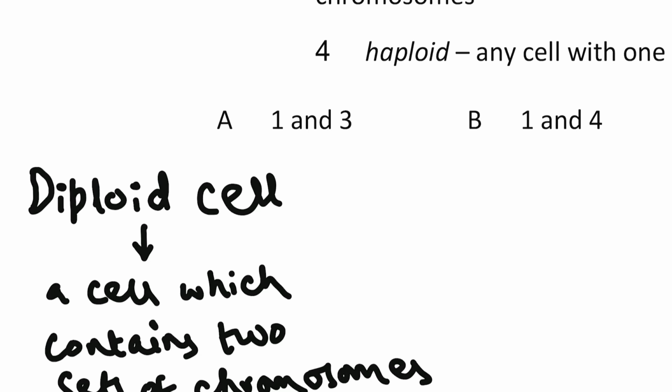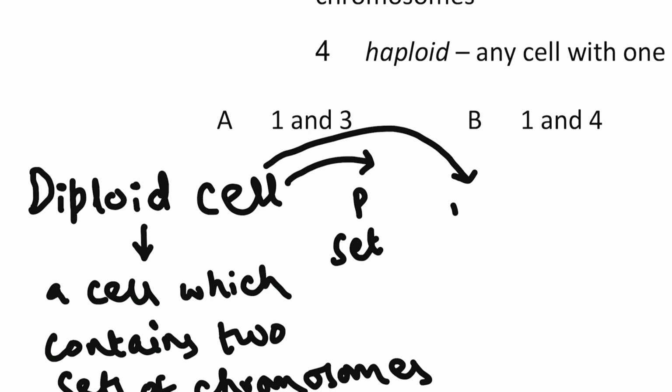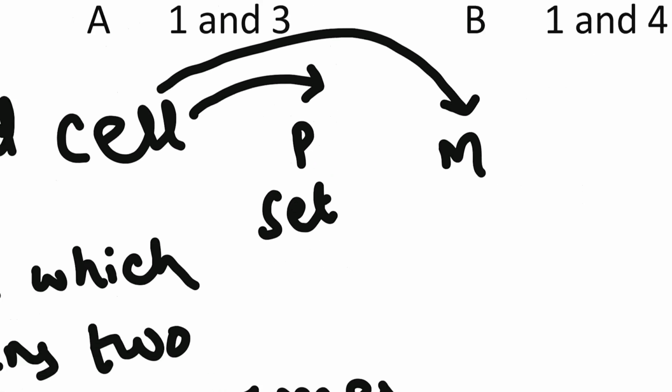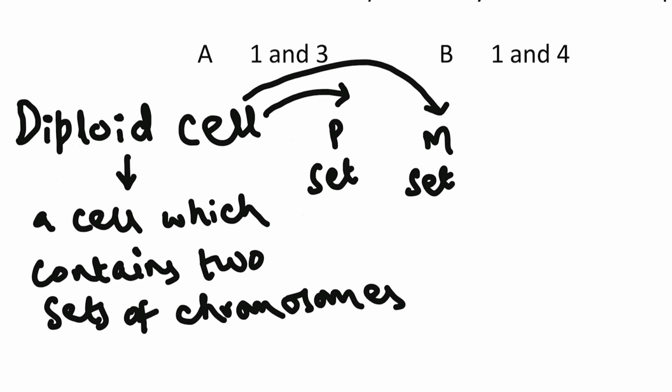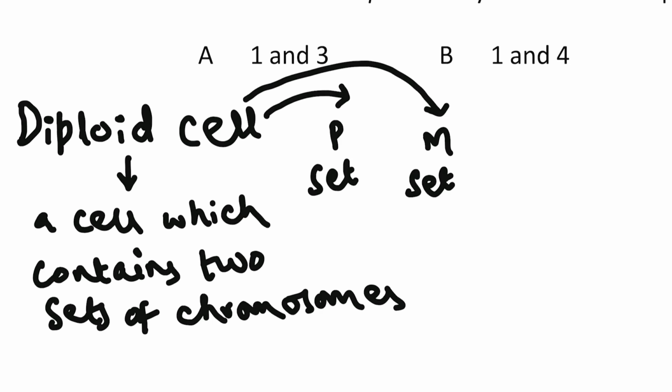What does that mean? That a diploid cell contains one set from the father and one set from the mother. So the set from the father is known as the paternal set and the set from the mother is known as the maternal set. So because the cell has two sets, it's known as diploid.